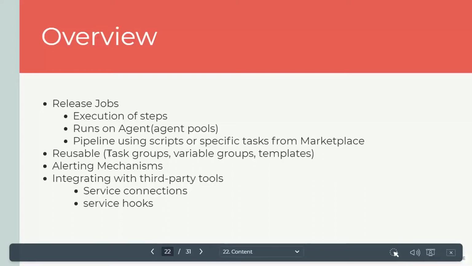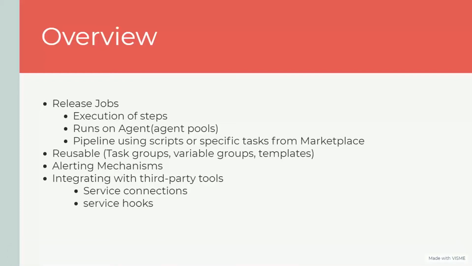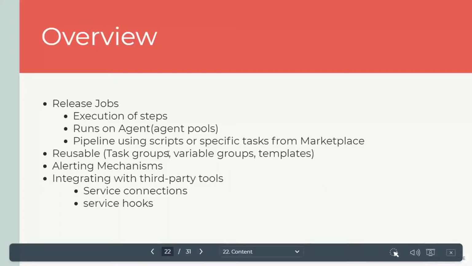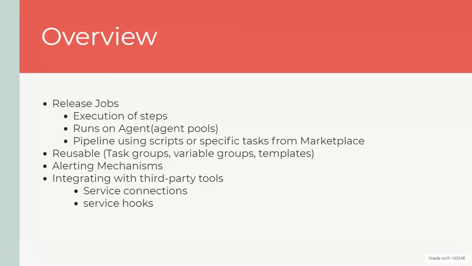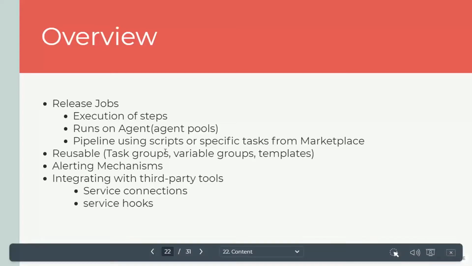The task group is supported only for visual designer based release pipelines. YAML won't support task groups, but the variable groups and templates we can use from a YAML pipeline.